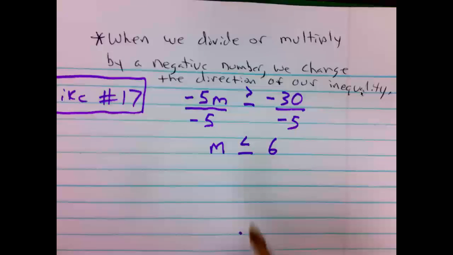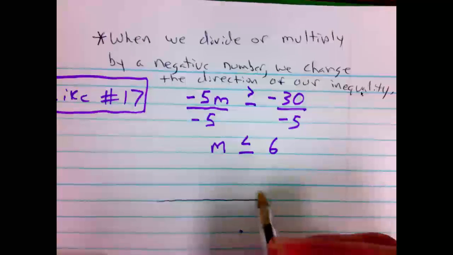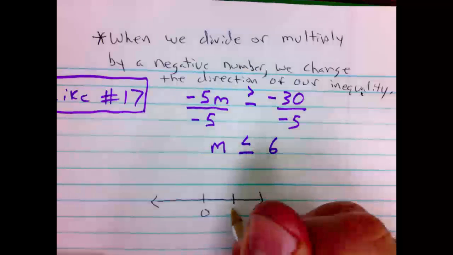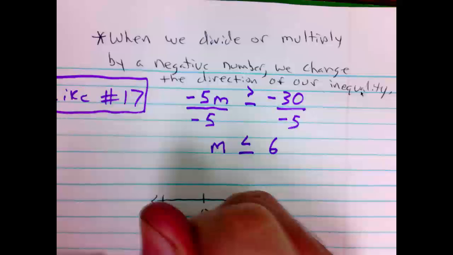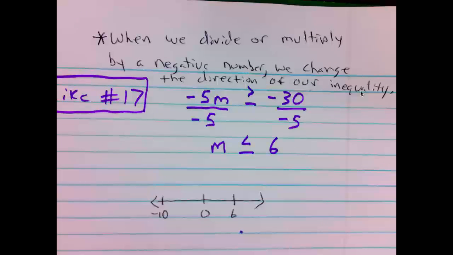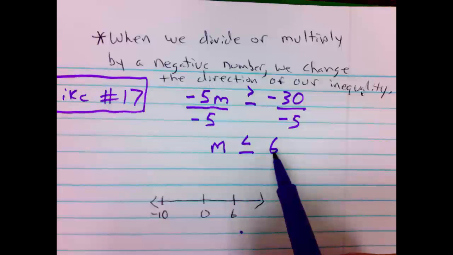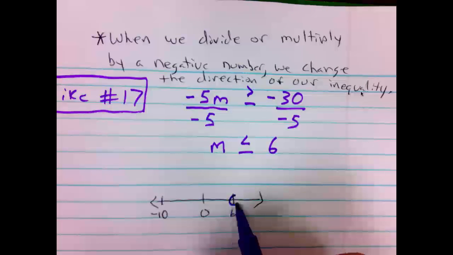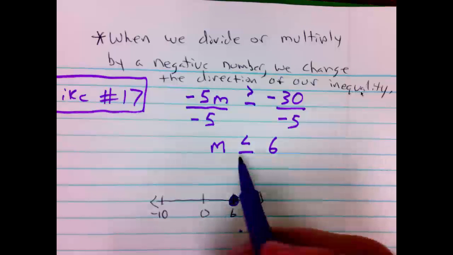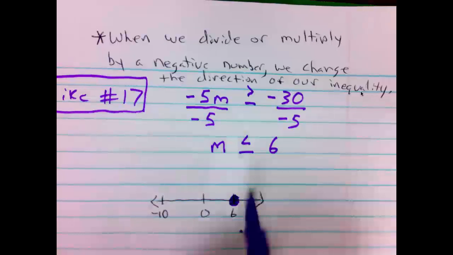Now we're prepared to graph m less than or equal to 6. Number line, 0, value of interest, one number on the other side. Okay. I want less than or equal to 6. Well, I need my closed point. Why closed? Because we have the equal to. 6 is a possibility. It should be shaded. We want less than.